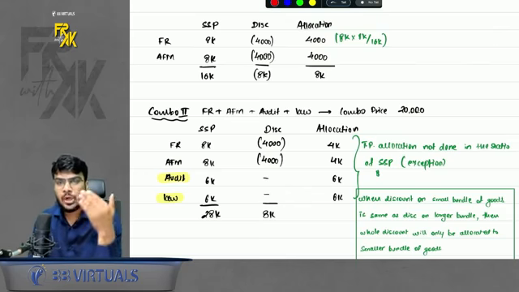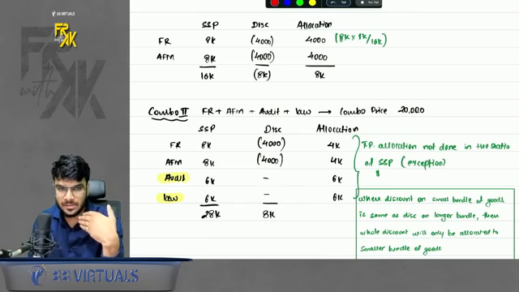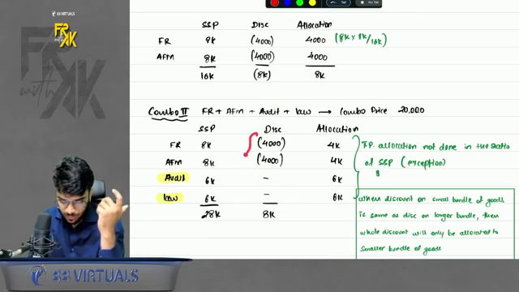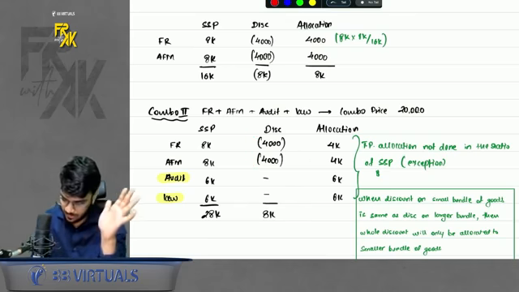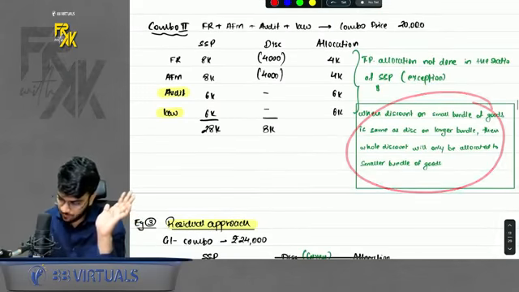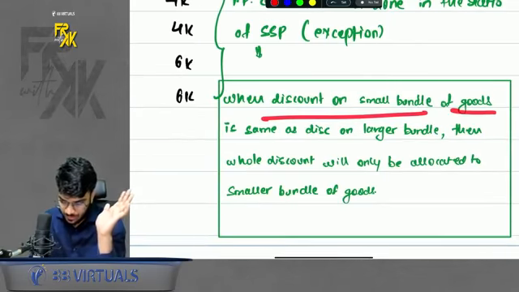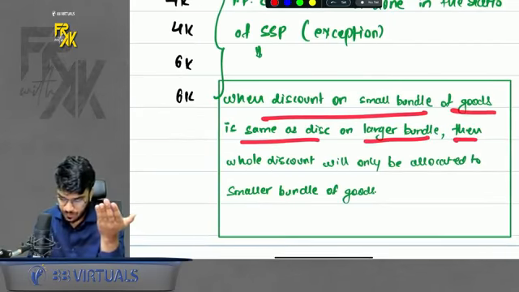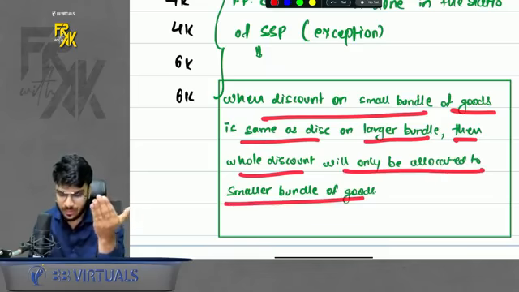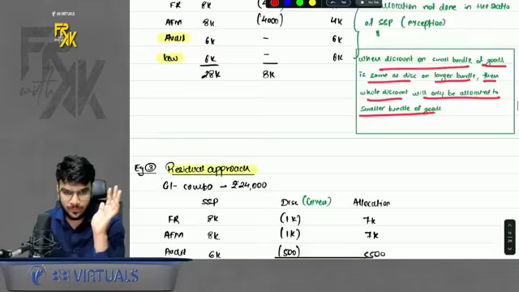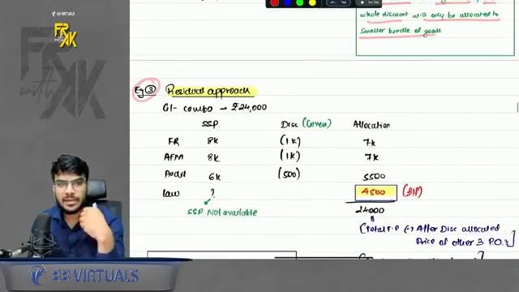So in this case, don't allocate that discount in the ratio of SSP. The standard says the discount will be allocated only between FR and AFM. When the discount on a small bundle of goods is the same as the discount on a larger bundle, the whole discount will be allocated only to the smaller bundle of goods. Simple.